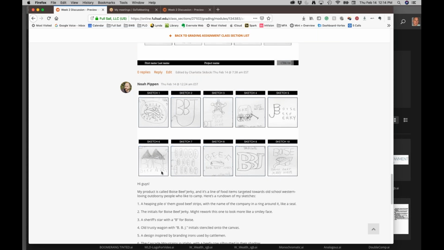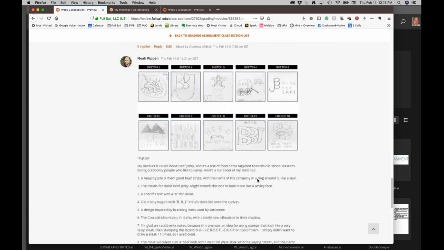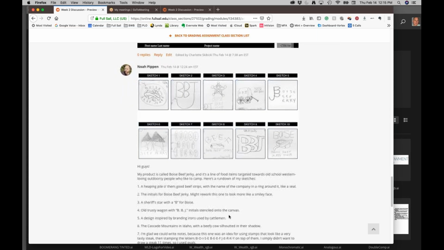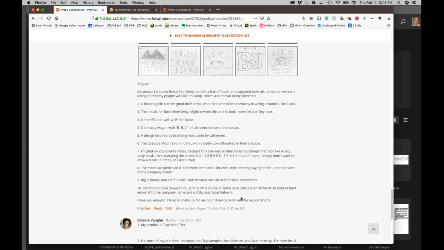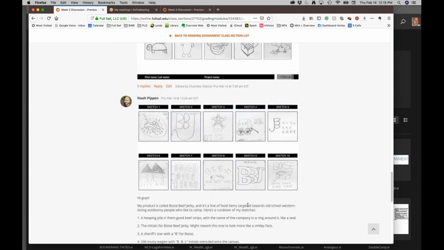And the Cascade Mountains with the beef, you could do that, but the cow silhouette would be much larger, so you can see it. So there's 3 good ones, 3, 4, 6. Perhaps you can come up with some additional ones. The poor drawings are not a problem as long as your idea gets conveyed.